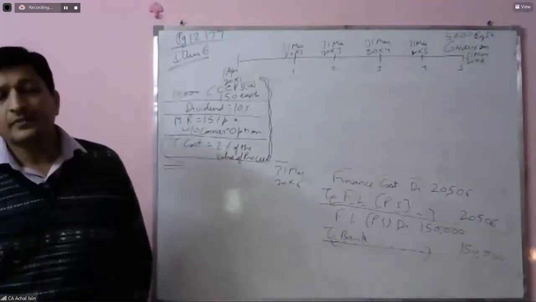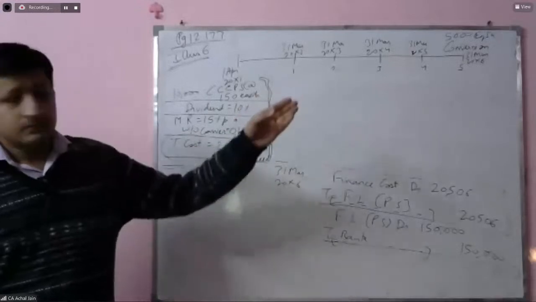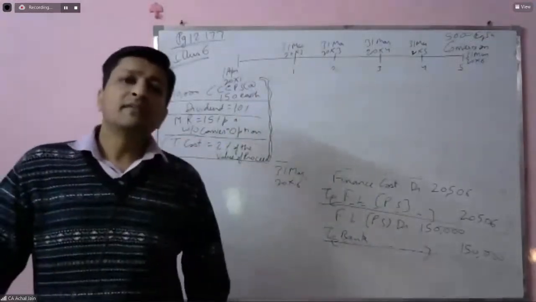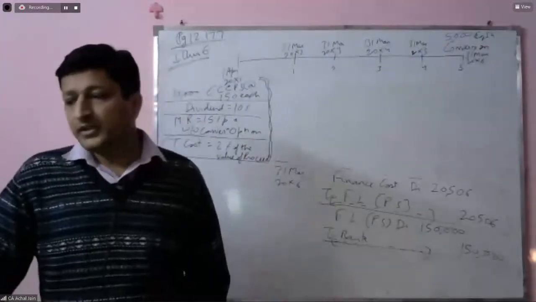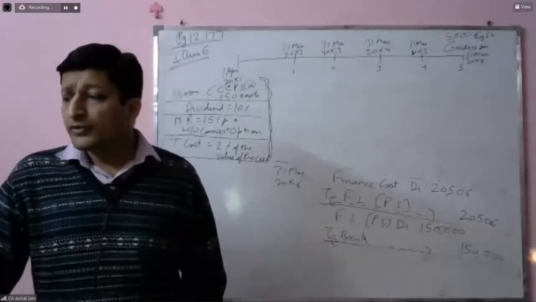This liability is required to be converted into equity. At the end of year 5, what will happen? The liability will get converted into equity.